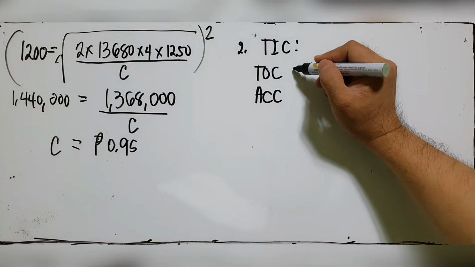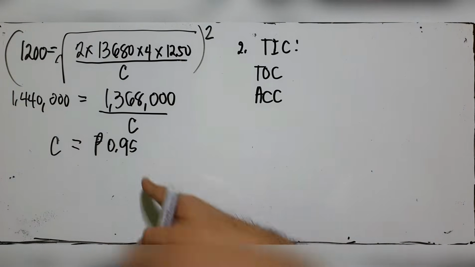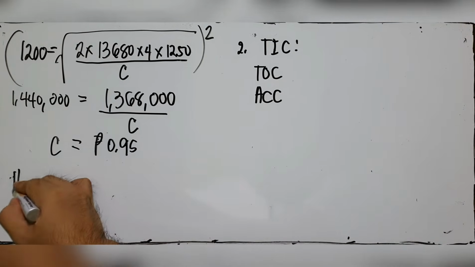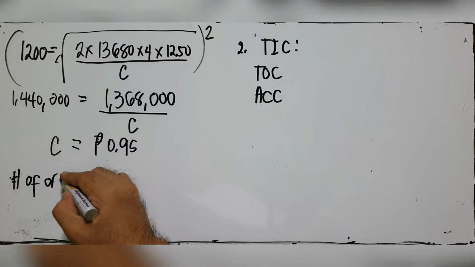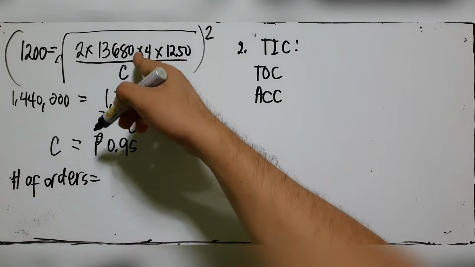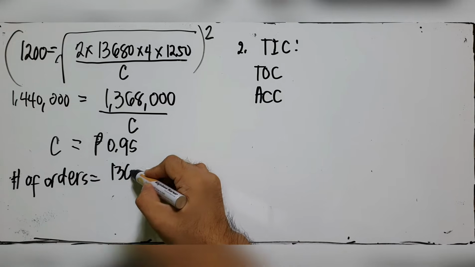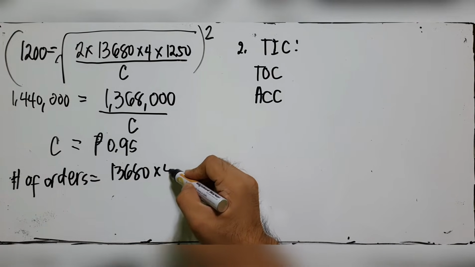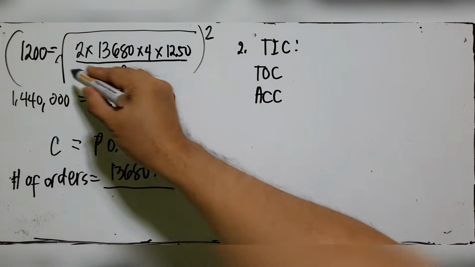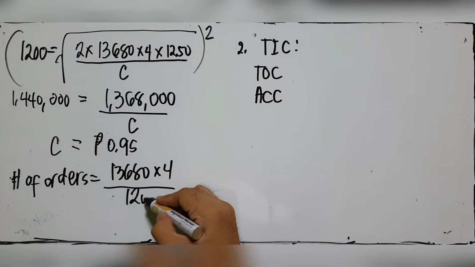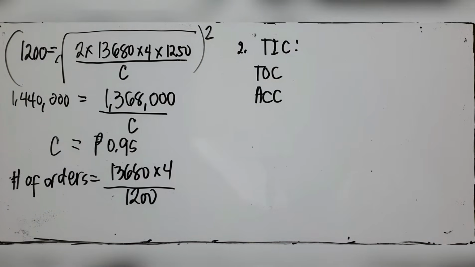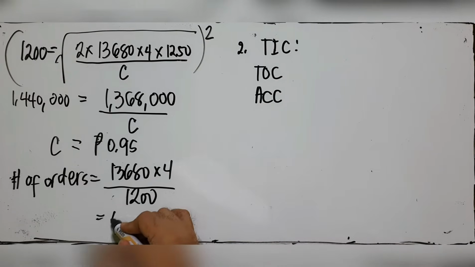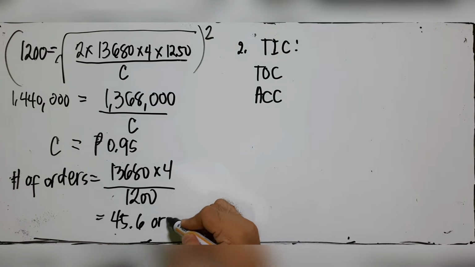Ano uli ang total ordering cost? Number of orders natin. Ilang orders ba ang magaganap dito? So number of orders would be the demand na 13,680 times 4 for the year over your EOQ na 1,200. So, ang lalabas na number of orders ay 45.6 orders.